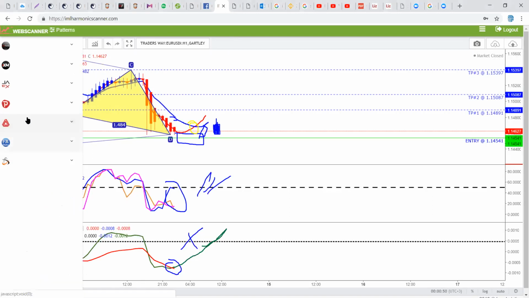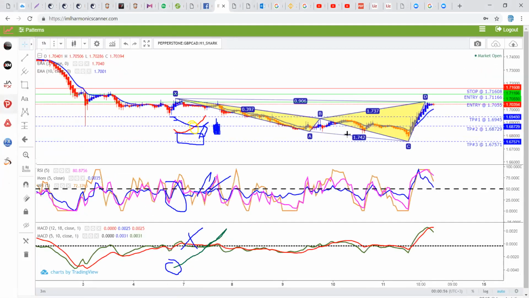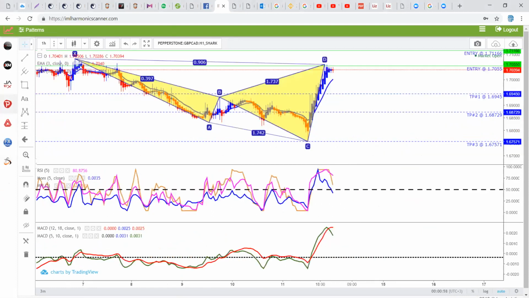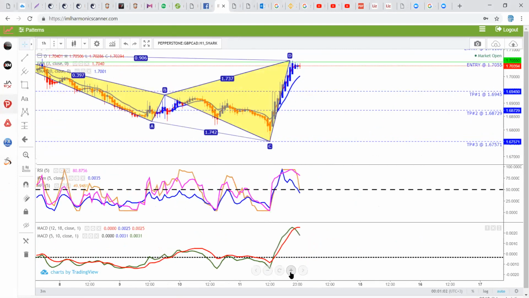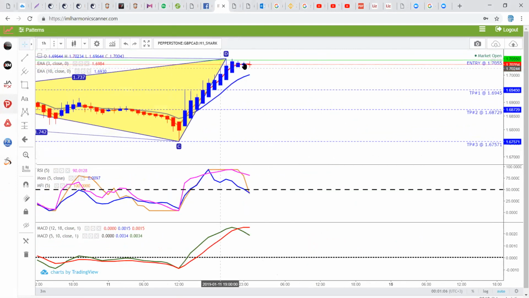Let's check another one. Let's look at what we're going to be watching out for this week. Look at GBP CAD. Now, GBP CAD will likely sell when the market opens. Look, a TZ zone is forming already. You can see it has lost momentum.